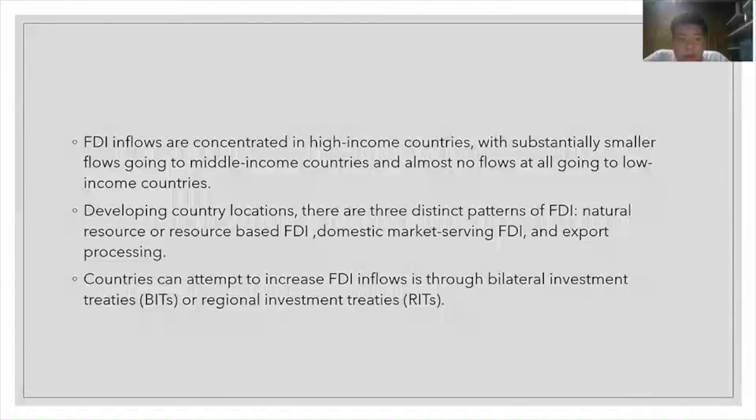But unfortunately, all of these agreements are usually favorable for the MNE, not for the country itself. So that's all for my presentation.